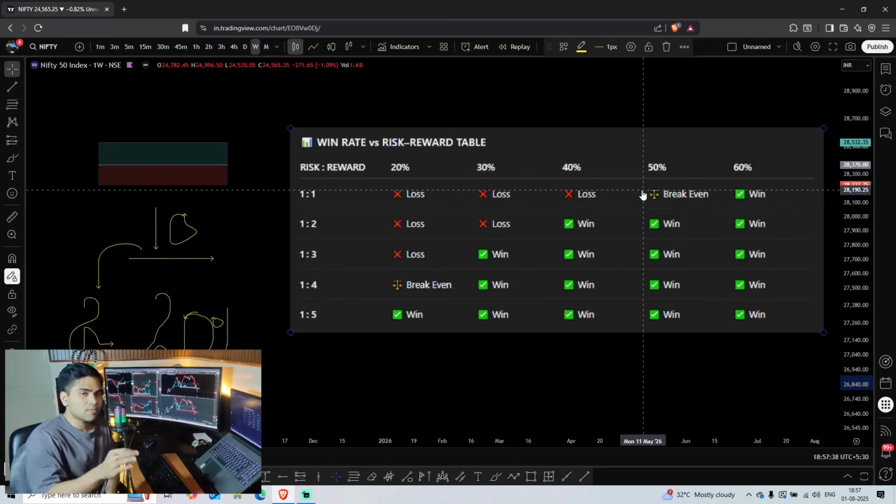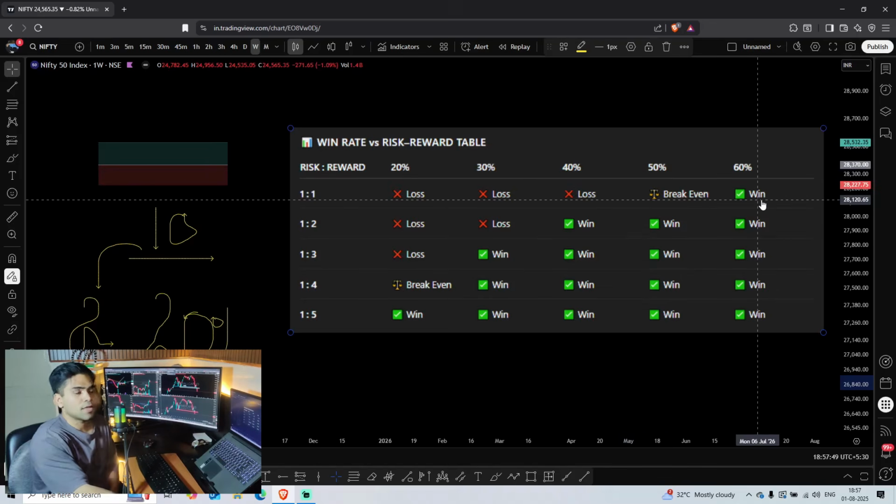That means plus 50 and minus 50. You are neither winning nor losing anything. So that's what we call break even, 0. Now when you are going to win, that means a 60% win rate should be the minimum if you need to win with a 1:1 risk reward strategy.